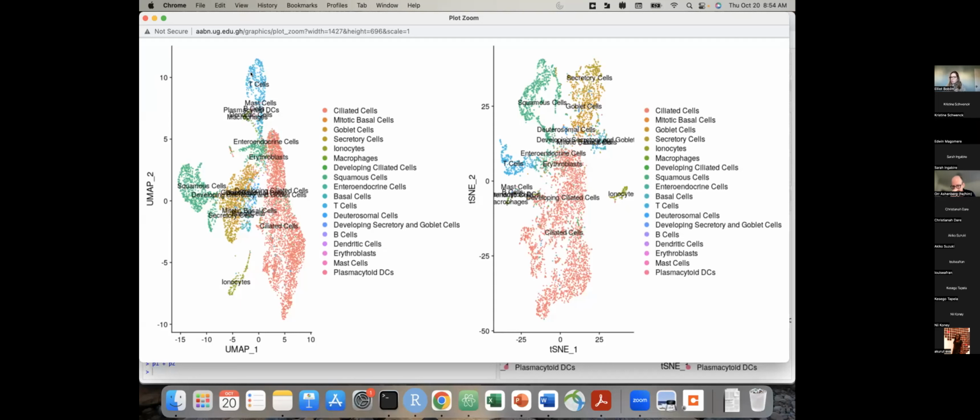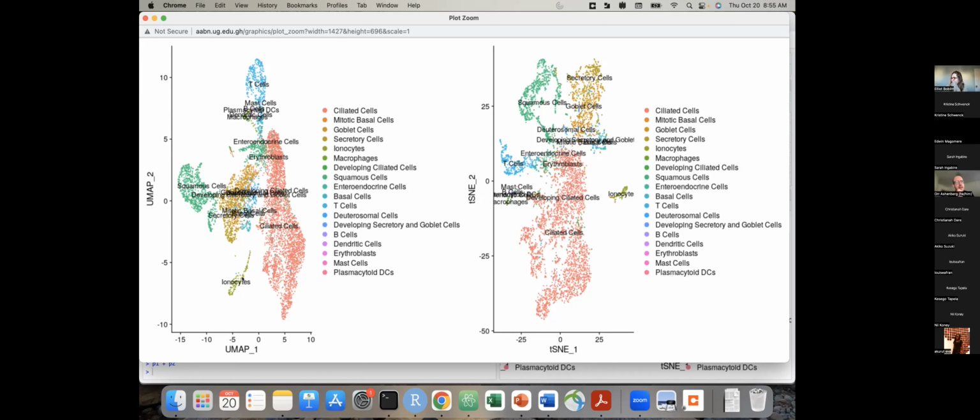These techniques aren't very reliable when it comes to how different cell types are globally, like how much more different an ionocyte is from a T cell, a ciliated cell, or a squamous cell. These mathematical transformations don't really preserve those types of distances. What they're trying to preserve is local similarity for the most part. Things that are similar should appear close together in two dimensions, and things that are dissimilar should not appear next to one another. But how far apart they are is hard to know just from this type of embedding.